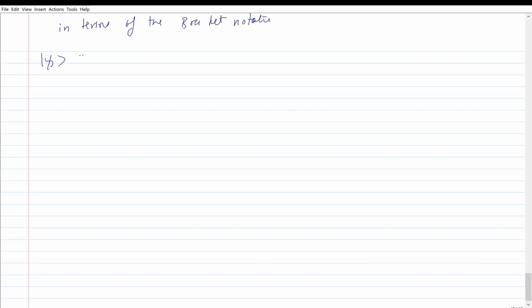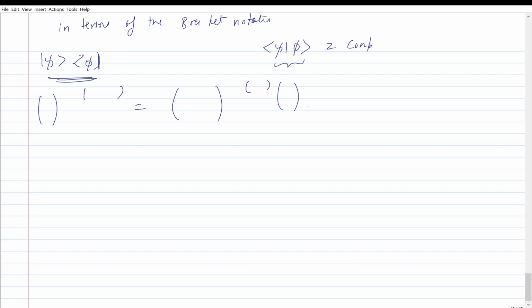You have this operator, mind you, this is an outer product. Mind you, this was a number, a complex number where a row was getting multiplied by a column. This is an outer product where a column is getting multiplied by a row. I'll get a matrix.